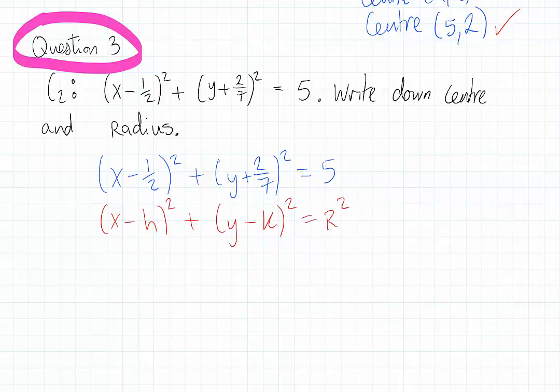We can now equate, so we can see that minus h is equal to minus a half, minus k is equal to 2/7, and finally r squared is equal to 5.